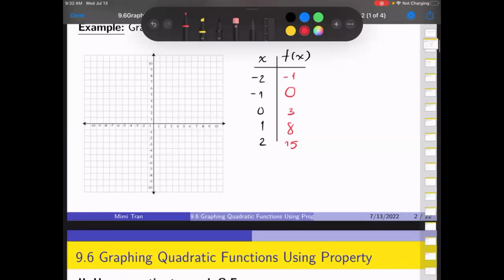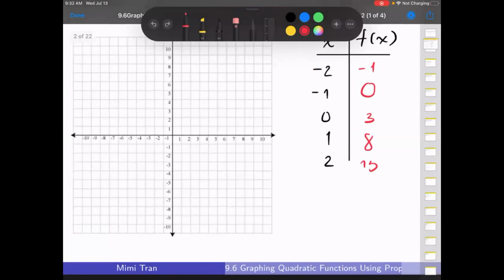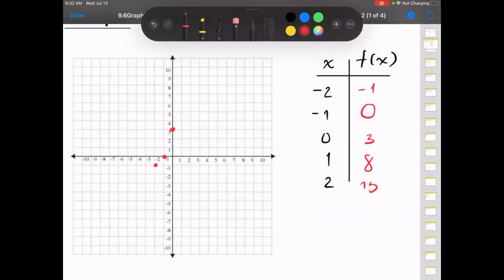Okay, so here, if you do it by hand, if you don't have a graphing calculator, you have to just plug it in. So -2, -1; -1, 0; 0, 3; 1, 8; 2, 15.